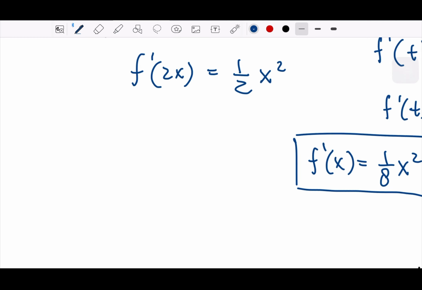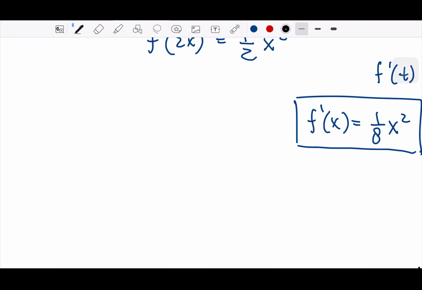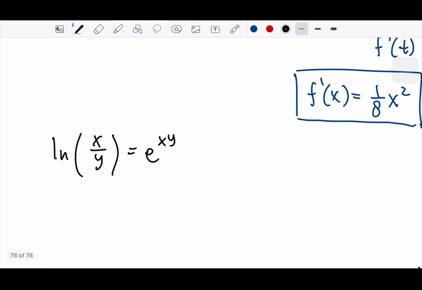Let me start with this. So if we have ln, now to solve this, we are going to do some implicit differentiations.